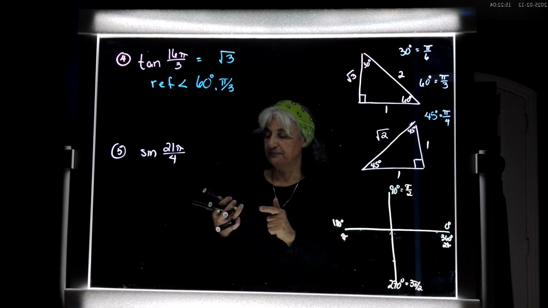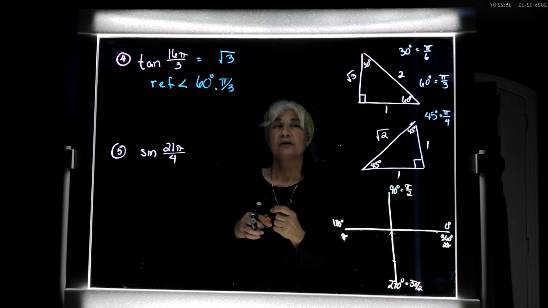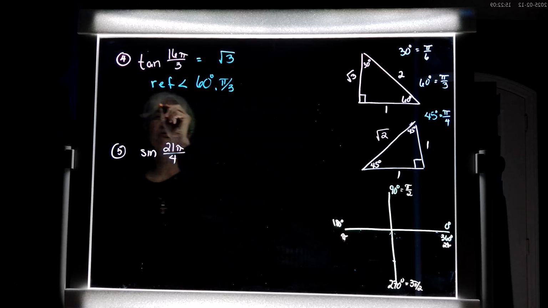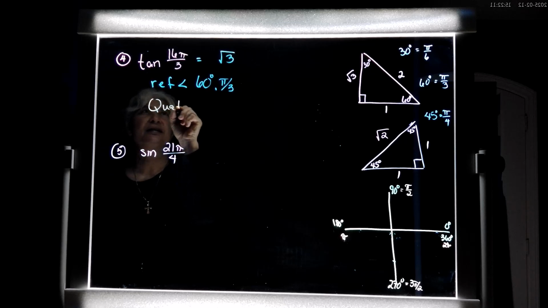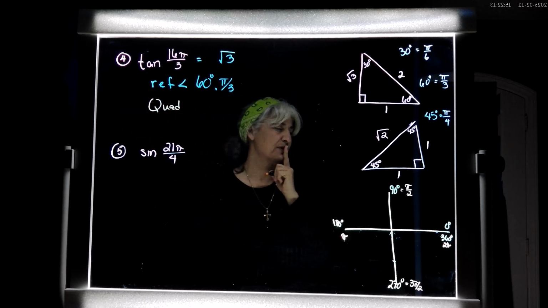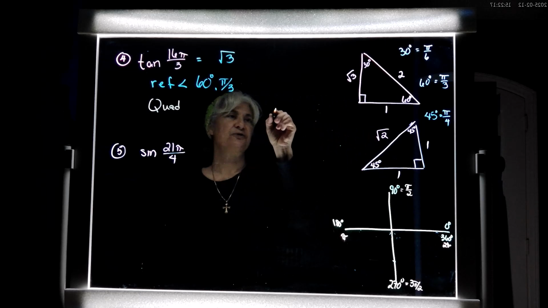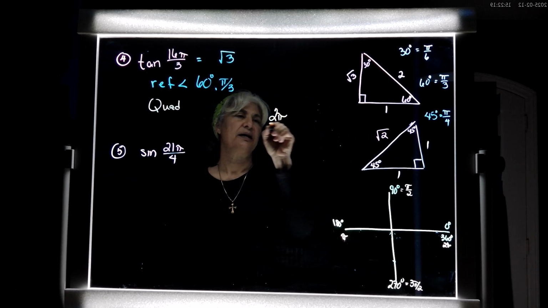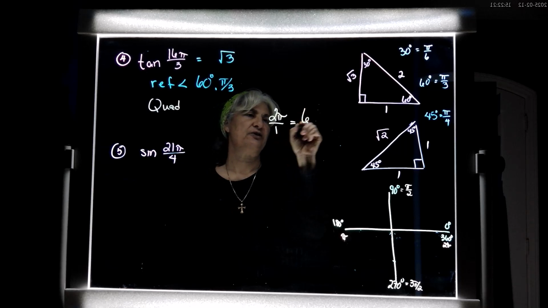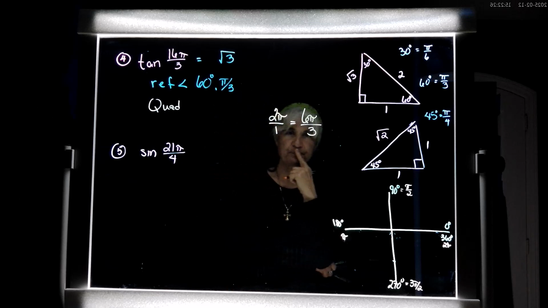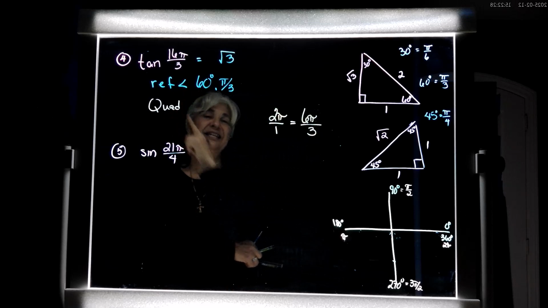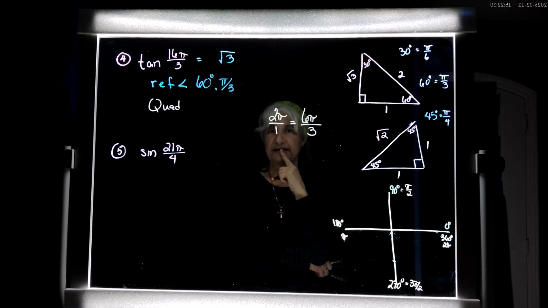Now what? Yeah, now you've got to figure out the quadrant you're in, right? I'm noticing something though. Hold on. I'm noticing that 16 pi over 3 is a little bit bigger than the circle, because a full circle is 2 pi, and if I change that to a denominator of 3, then wouldn't that be 6 pi over 3? But this is 16 pi over 3.